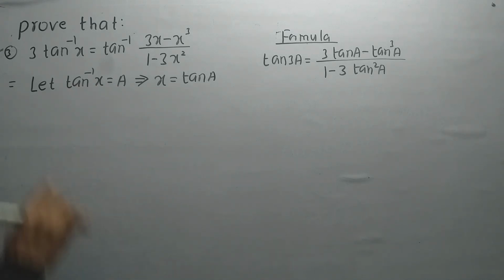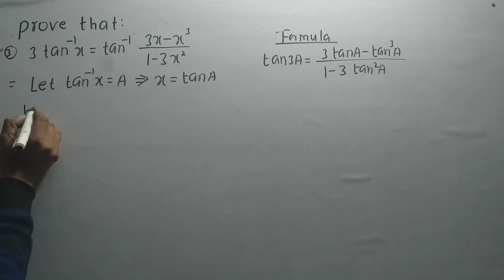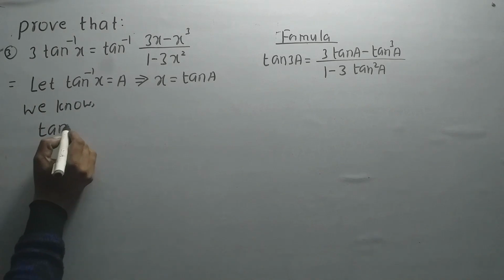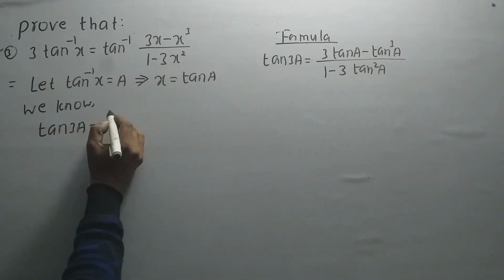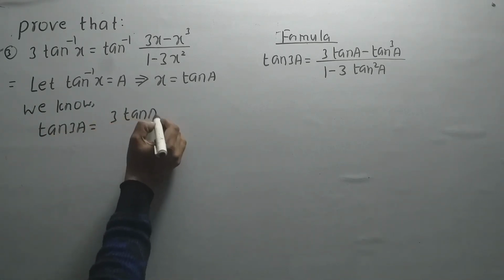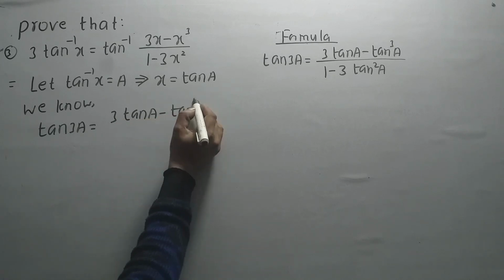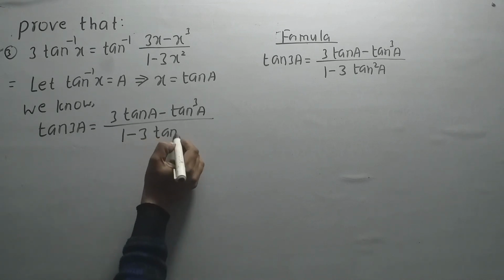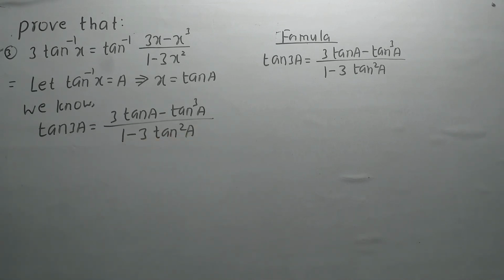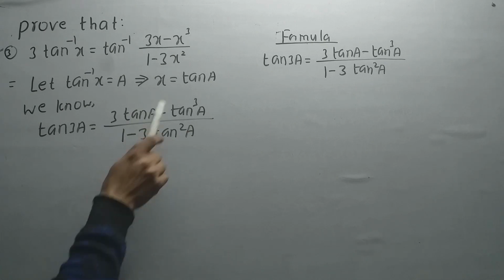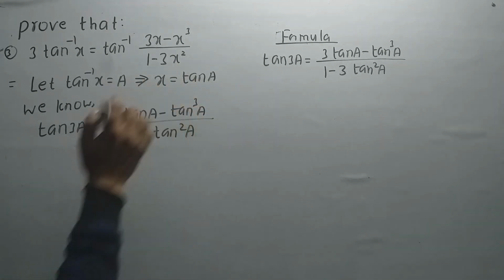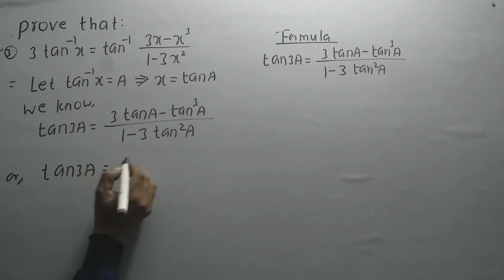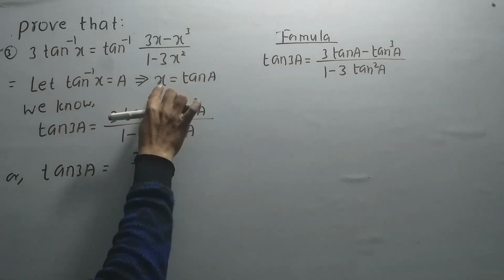So we know the formula for tan 3a: tan 3a equals 3 tan a minus tan cube a, the whole divided by 1 minus 3 tan square a. So after that, in place of tan a, you can replace that by x. Tan 3a remains the same.